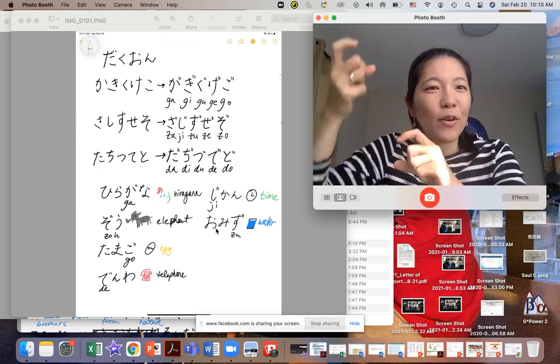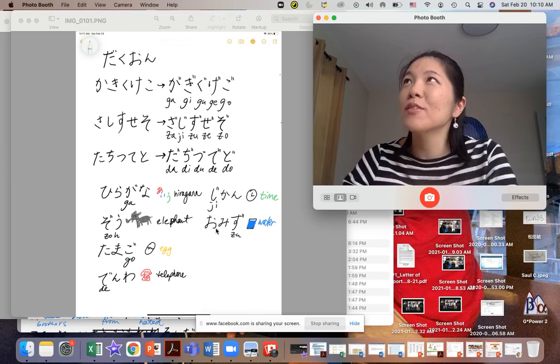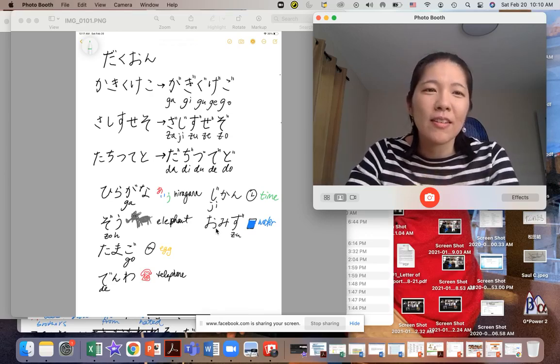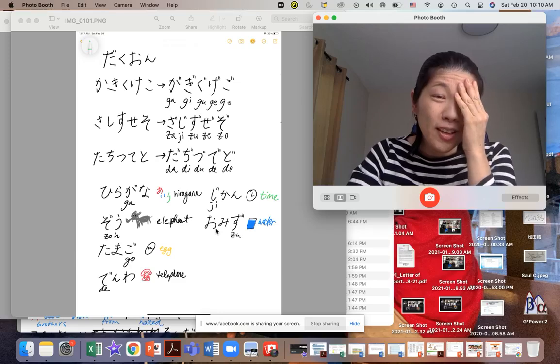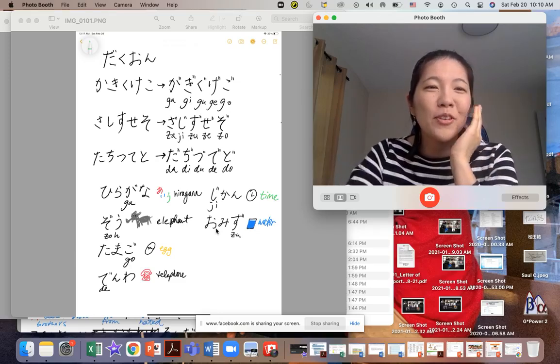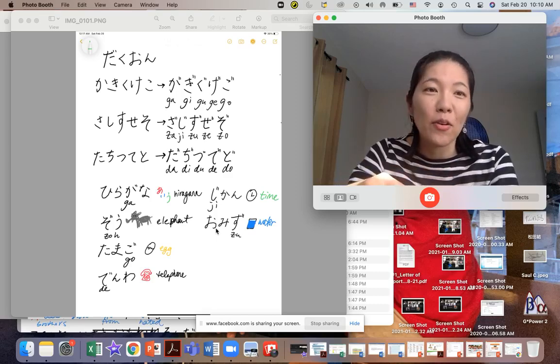So donguri is acorn. It falls from the tree and it fell into the pond. And what do we do? And then what is dojo? It's like an eel, but it's not really eel. One of those fish things comes out and says hello and let's play together.